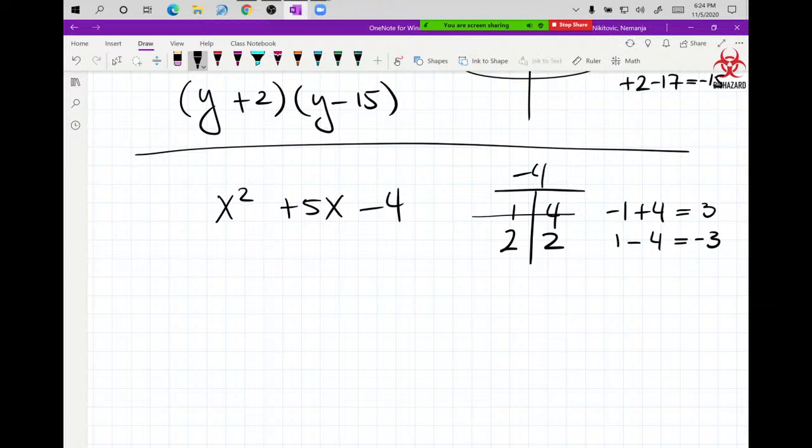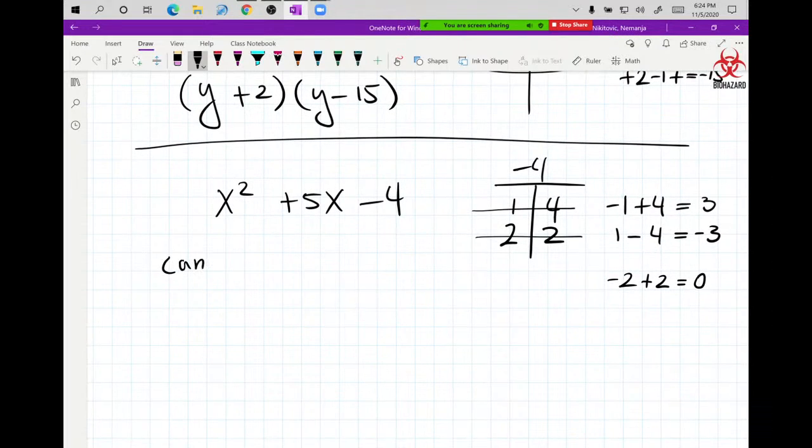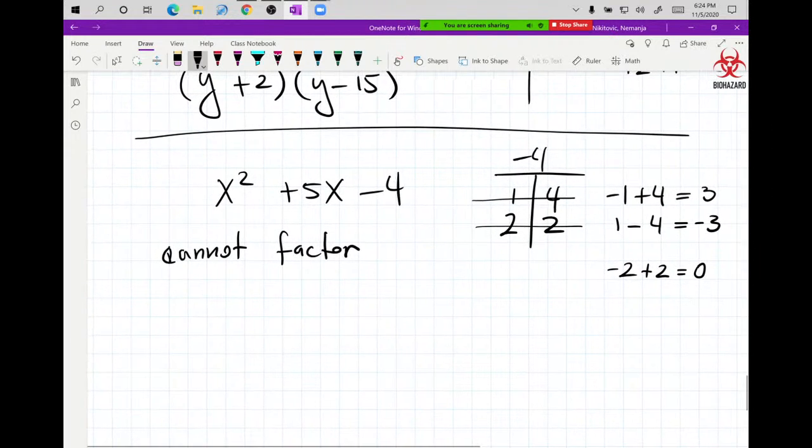So we can't use these two numbers because none of them gives me plus 5. Now we'll try with 2's. Negative 2 plus 2 is 0. 2's do not work. Cannot factor.